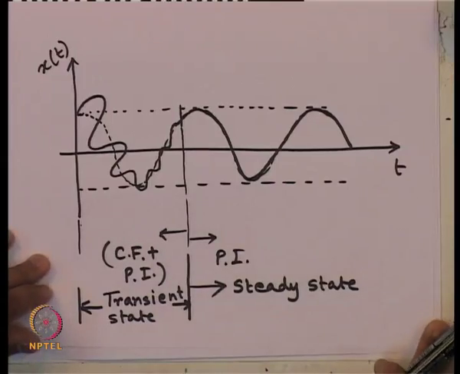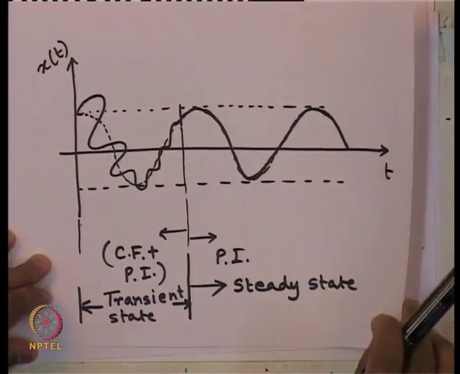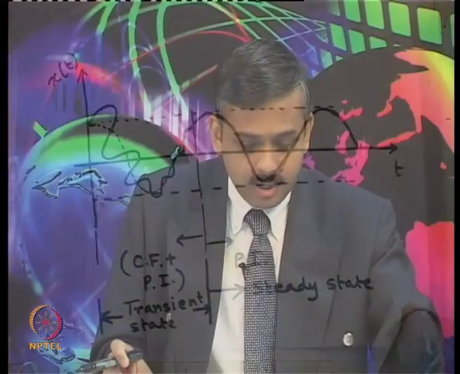Okay? So, that is the final solution for the forced vibration subjected to a harmonic excitation. We have seen how the transient state and the steady state behave, and the responses we have drawn.